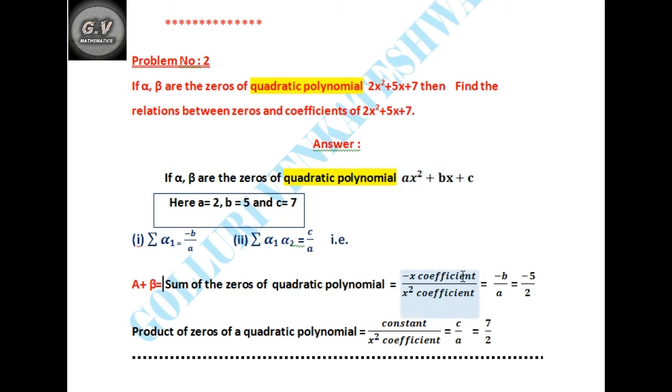Minus b by a: we need to change the symbol of b. Plus 5, here minus is there, so we change the symbol of b: minus 5 by 2. The sum of the zeros is minus 5 by 2.